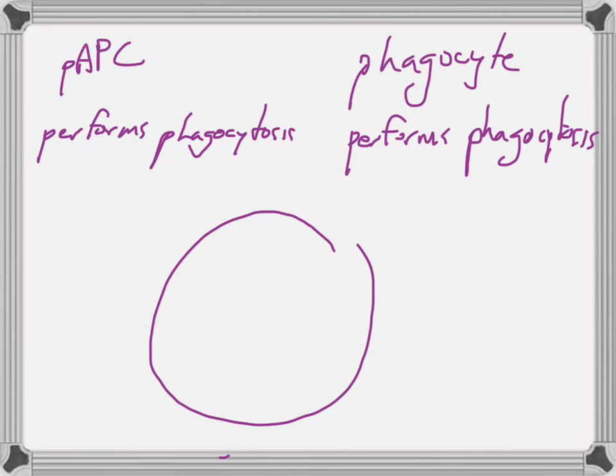So professional antigen presenting cells, an example of one is a macrophage. Macrophages present the pathogen on the surface, and they interact with what kind of T cells? Macrophages interact with which of the two sets of T cells that we talked about?